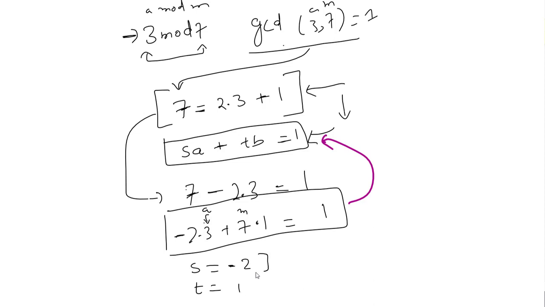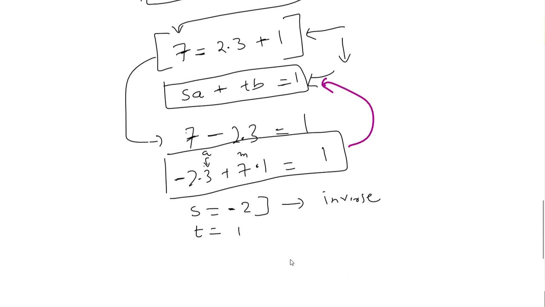And we know that S gives the inverse. Therefore, minus 2 is the inverse of 3 mod 7.